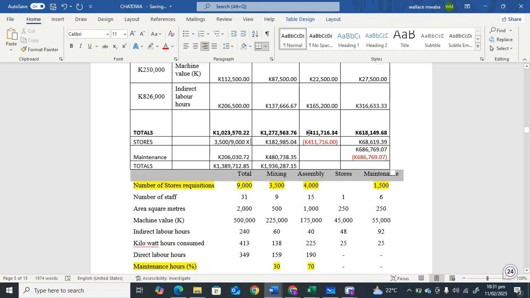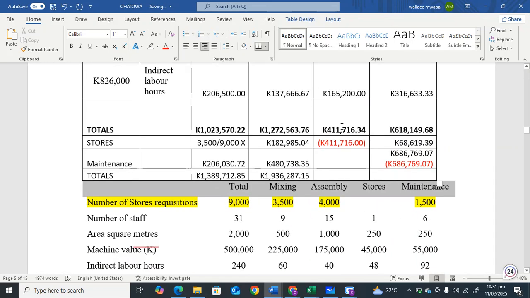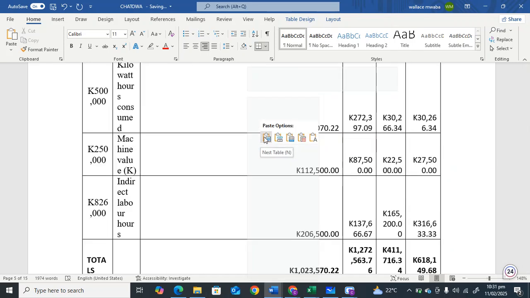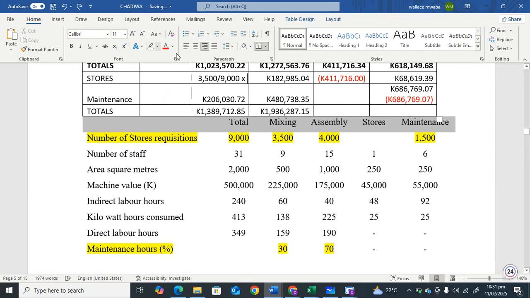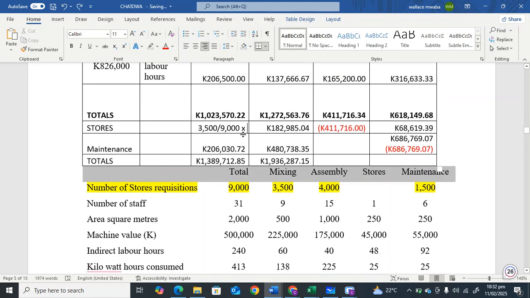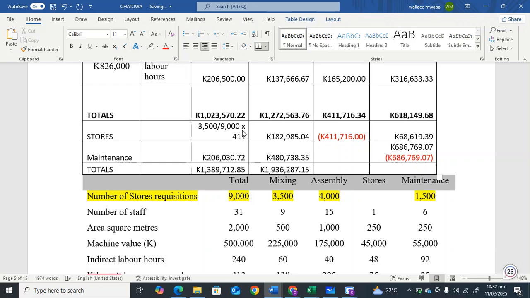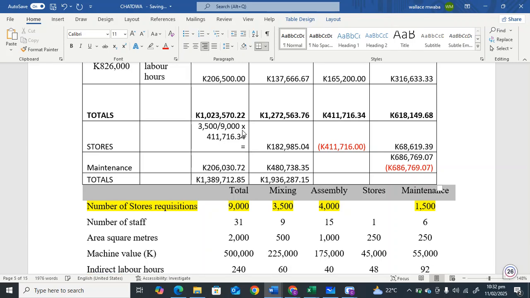We multiply it by this amount here for stores, because this is the amount that is being shared out. 3,500 over 9,000 multiplied by 411,716.34. Colleagues, we can get our calculators already.